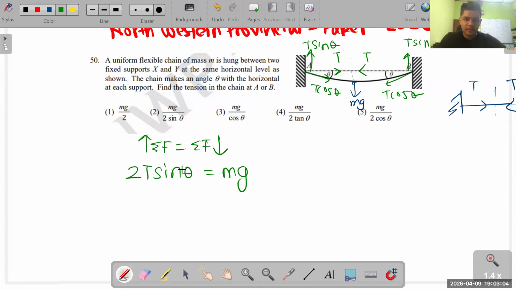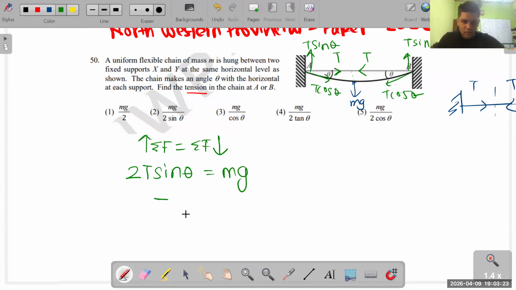Let's see what they have asked in the question. Find the tension. Tension means they are asking for the value of T, not the value of T sine theta. If they ask for the value of T, we should take all the other components to the other side.